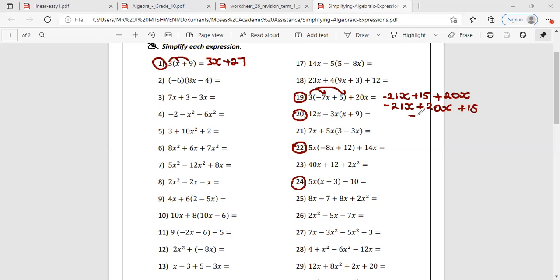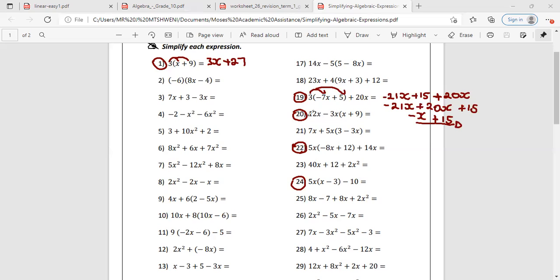You get a negative x plus 15. Or you can say 1x, but in math we don't usually put a 1 here. You just say negative x, because 20 subtract 21 is negative 1.